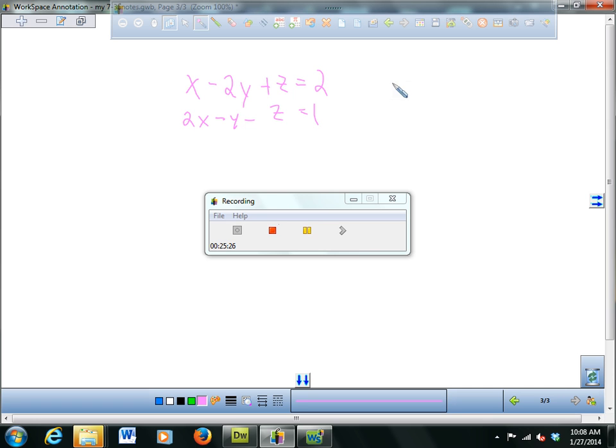And if you solve that by Gaussian elimination, you end up getting x minus 2y plus z equals 2, and then y minus z equals negative 1, and that's all you get. And so you get y equals z plus 1, which is the equation of a line in 3 dimensions.